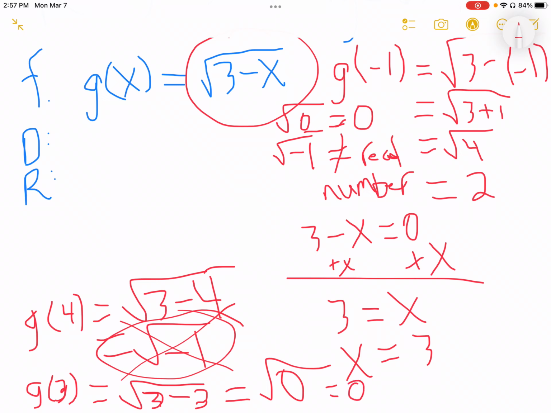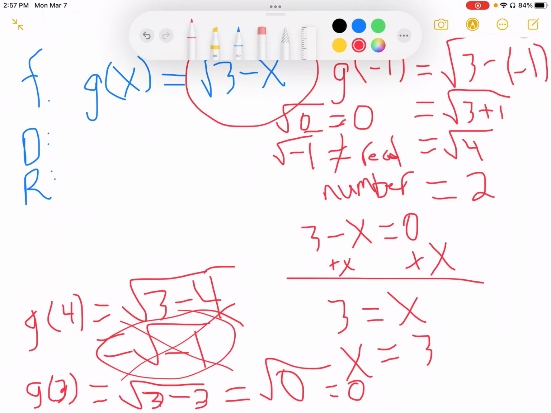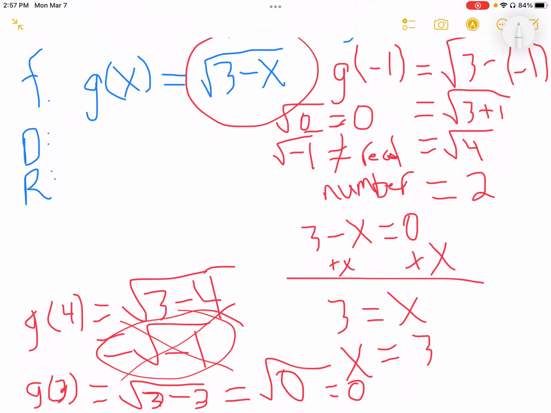So that's the very limit of our x. Our x can't be larger, right? So if I show you this right here, our x can't be larger than 3, because we tried 4, but if it's larger than 3, we're not going to get any sort of answer.